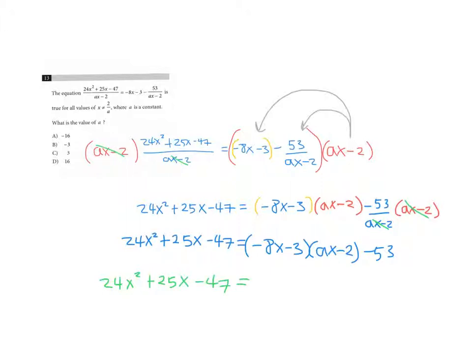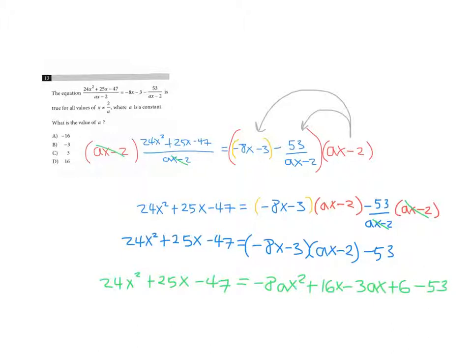And that equals, first times first is negative 8ax squared. Outer times outer is positive 16x. Inner times inner is negative 3ax. And then we have last times last, which is plus 6, and we still have that minus 53.